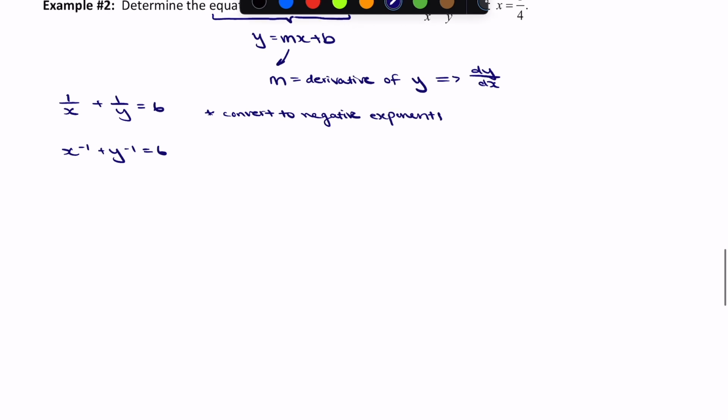And here we're going to differentiate. So for the first one, move the exponent down, so negative x, and then subtract 1 from n, which in this situation is negative 1, which gives us negative 2. And here we have minus y to the negative 2 dy over dx is equal to 0.